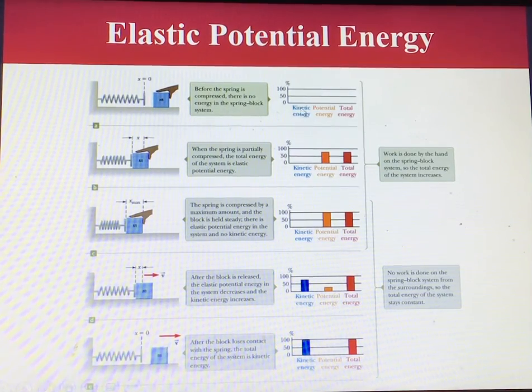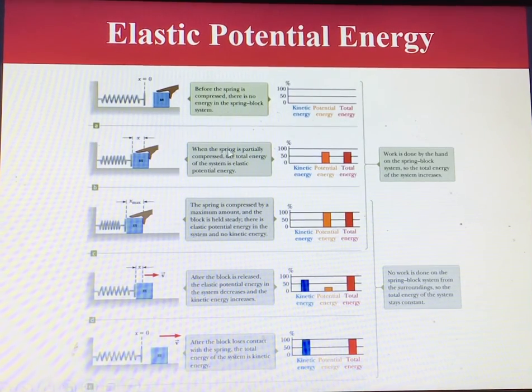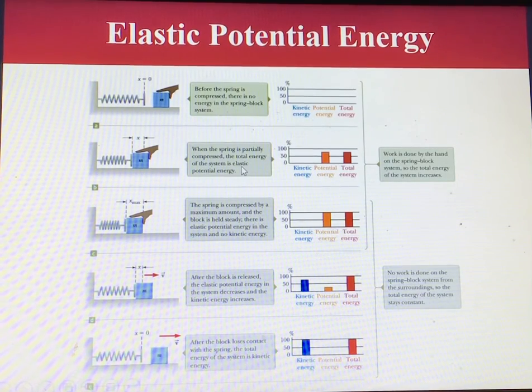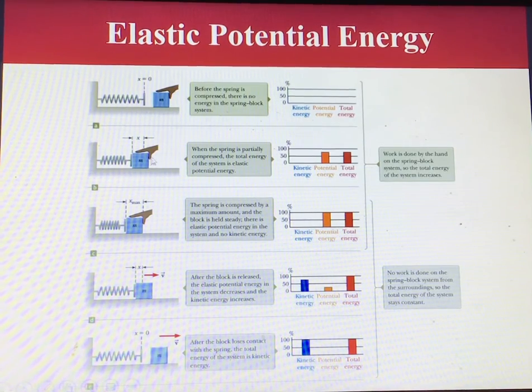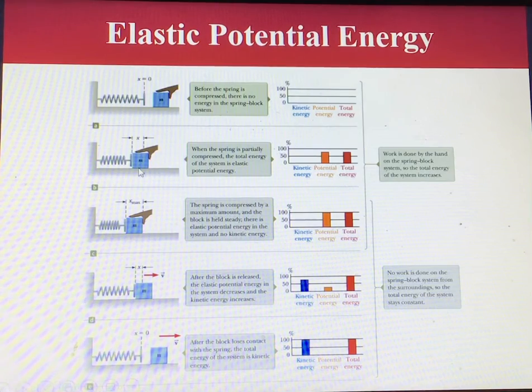So the kinetic energy is 0, the potential energy is 0, and the total energy is also 0. Now, when the spring is partially compressed, the total energy of the system is elastic potential energy. So moving from here to here, we've applied a force, we've compressed this by some amount x, right? But at this point, the mass is not moving yet, so the mass is still at rest.